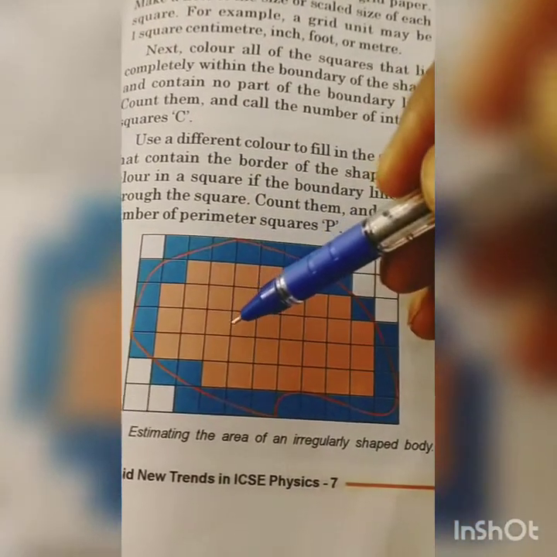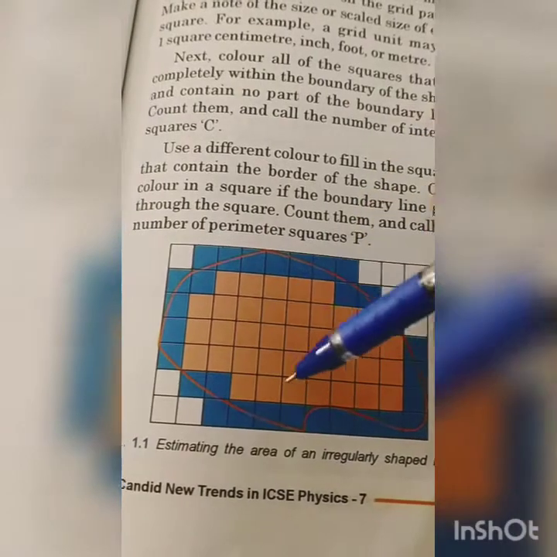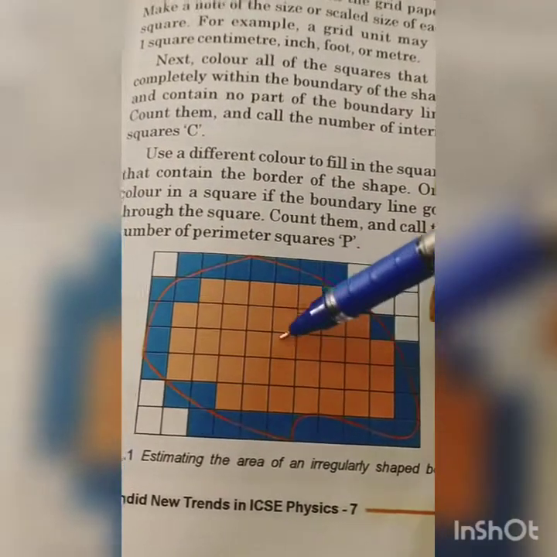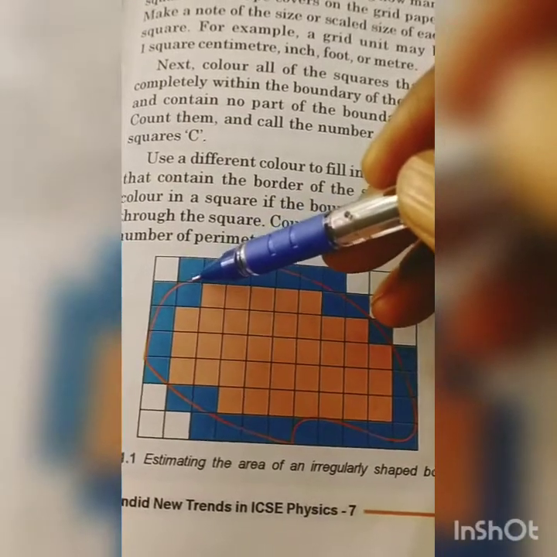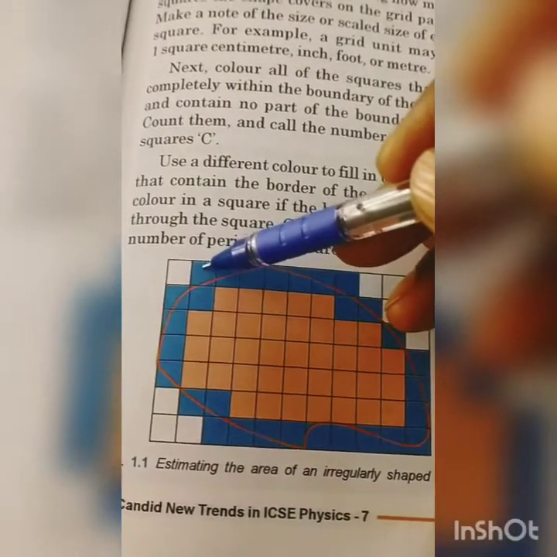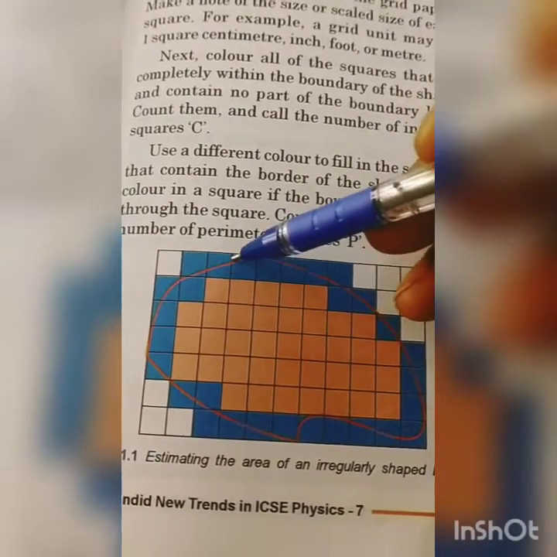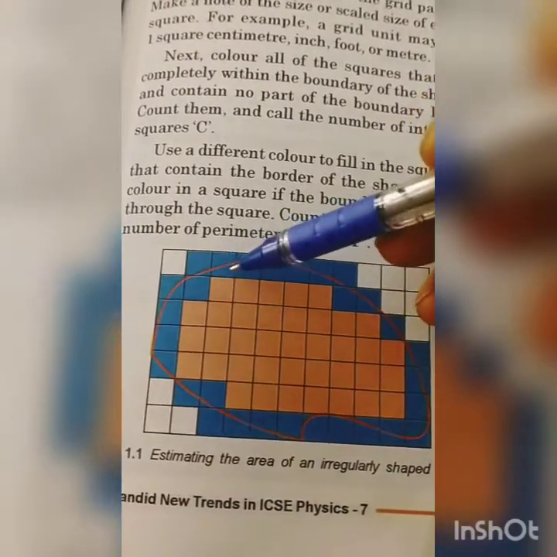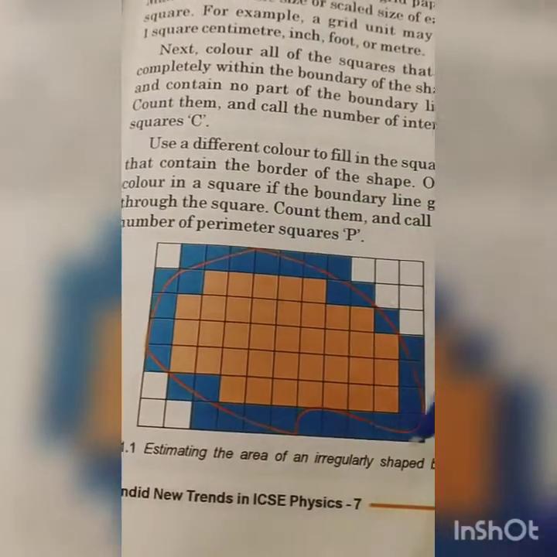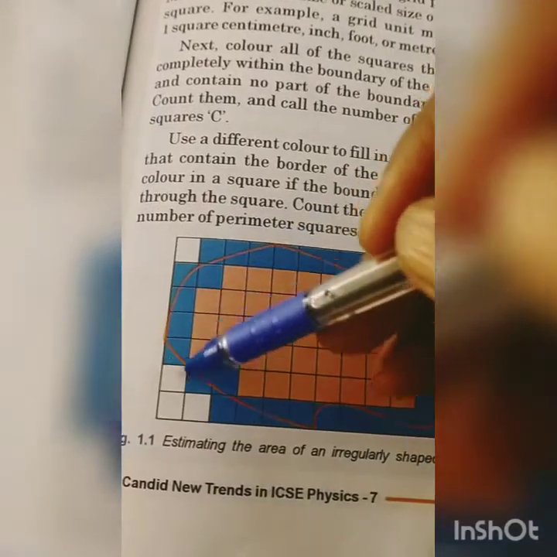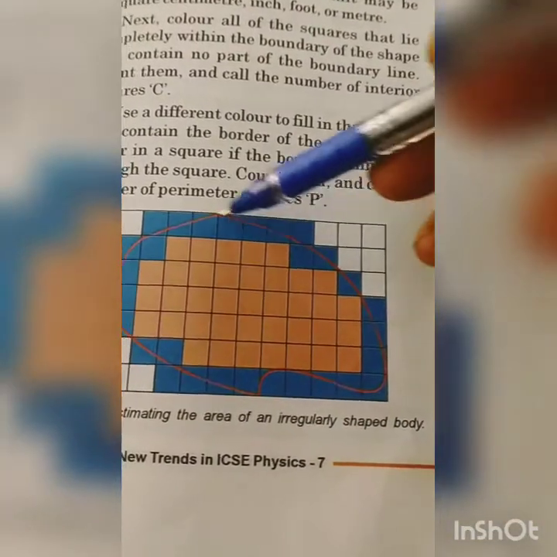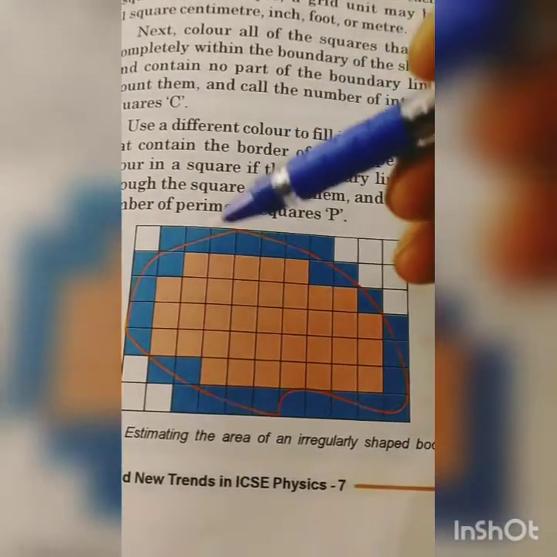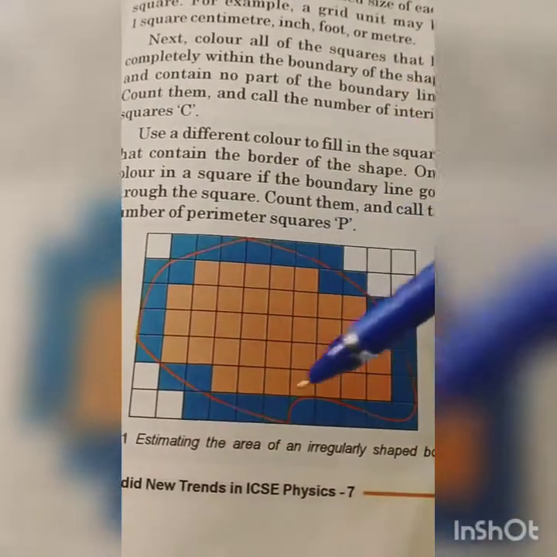First you have to find the complete squares inside the irregular shape and count them, and then the squares which are touching the boundary, or which contain the boundary line inside them.